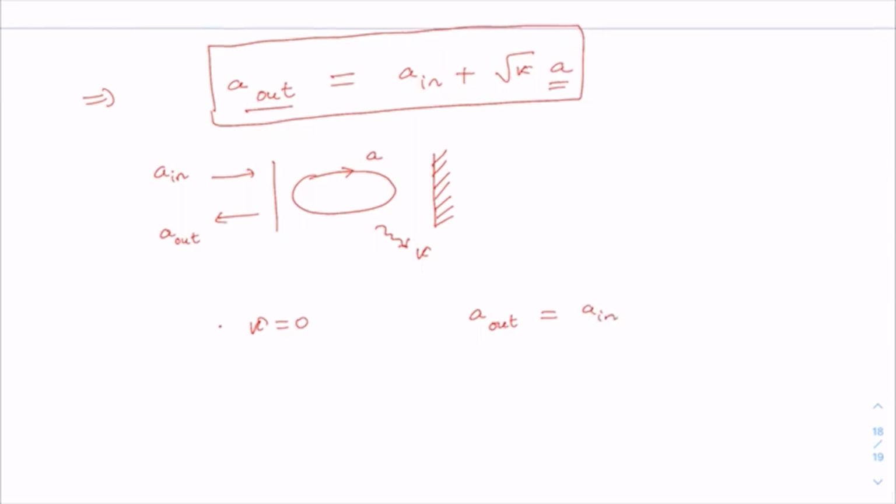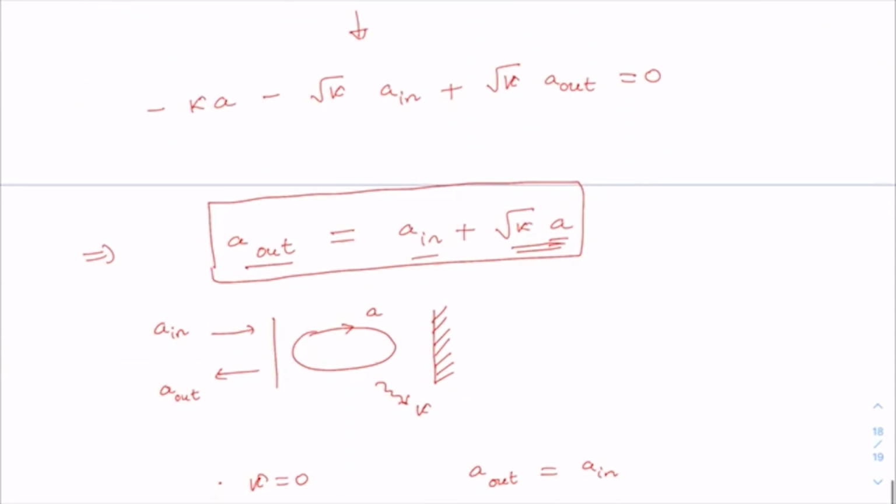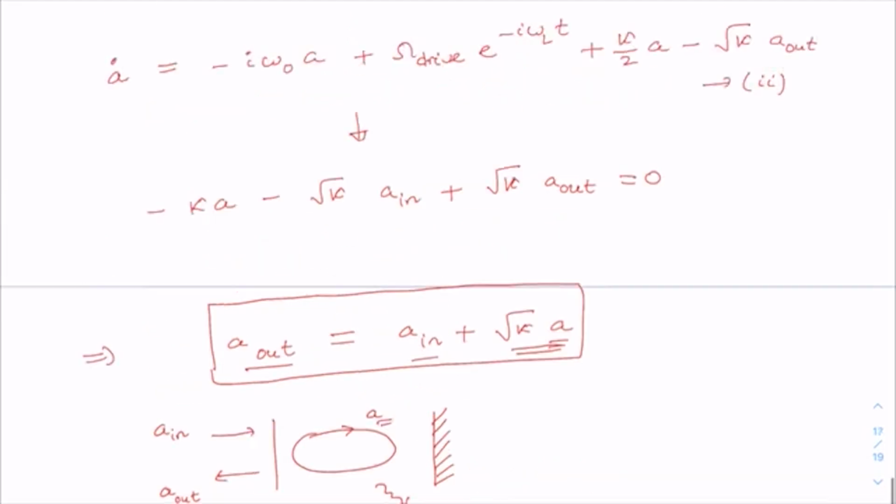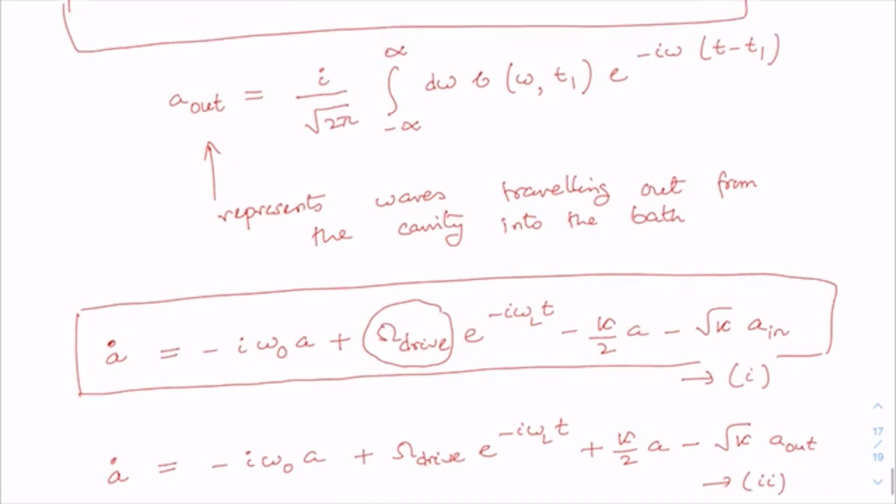On the other hand, if kappa is not equal to 0, then as you can see, the output is the sum of the incident field reflected at the cavity entrance, and a contribution emanating from the cavity mode, given by this part. Please note that the cavity mode A is a function of A in, as is evident from this equation here.